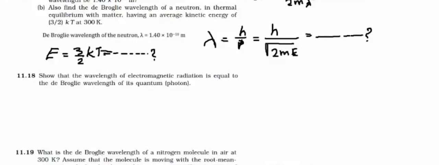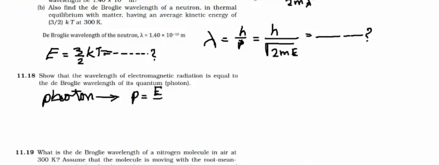Next, question 80. Show that the wavelength of electromagnetic radiation is equal to the de Broglie wavelength of its quantum, that is photon. So take photon. Momentum p is equal to E by c.